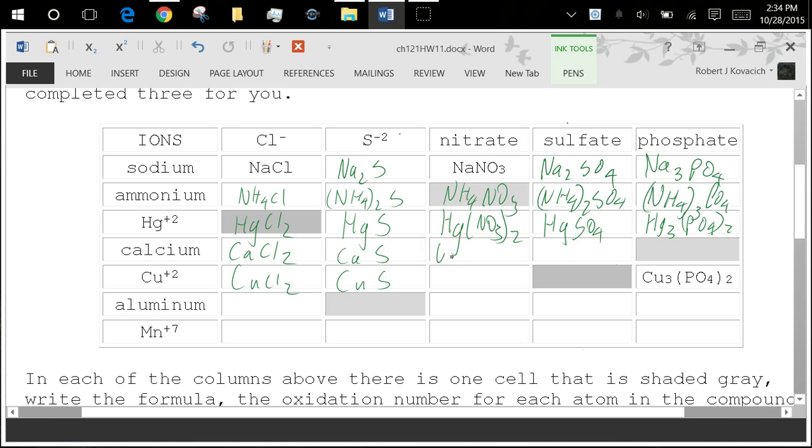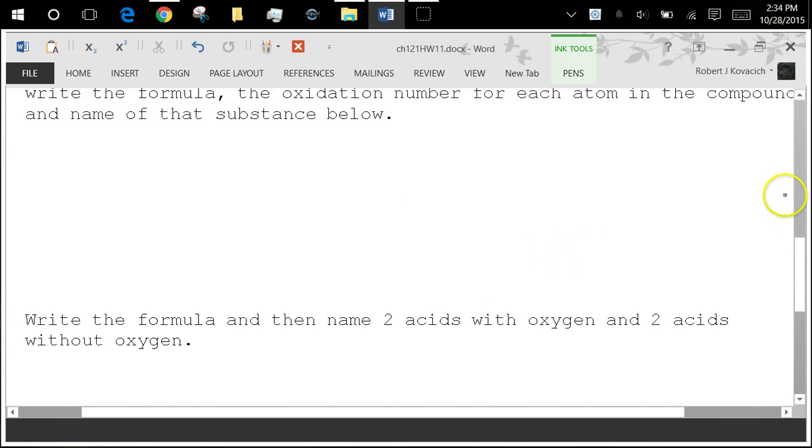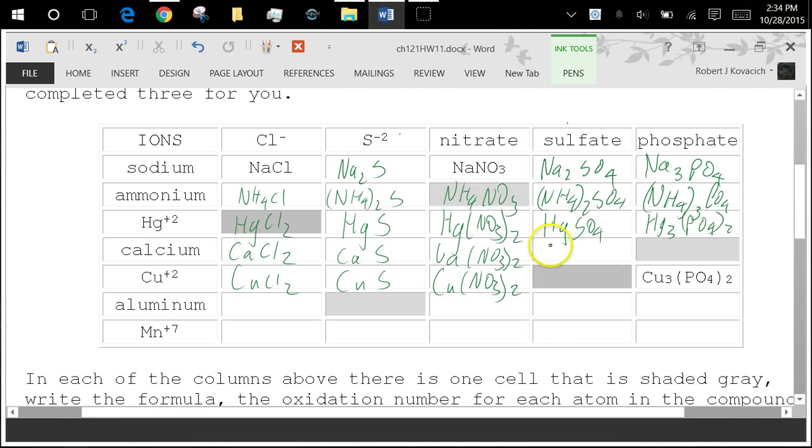I'm going to need 2 nitrates to go along with this calcium. I'm going to need 2 nitrates to go along with this copper 2. I'm just going to need 1 calcium and 1 copper to go along with the sulfate. And then Ca3(PO4)2, just like above and below it.